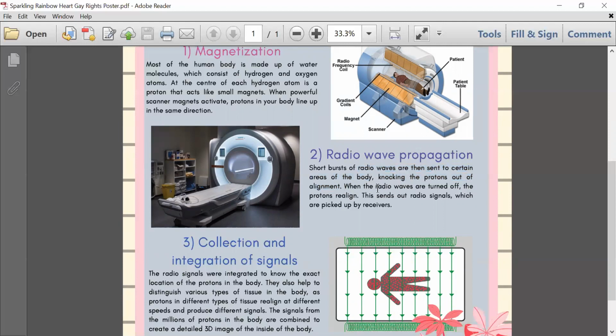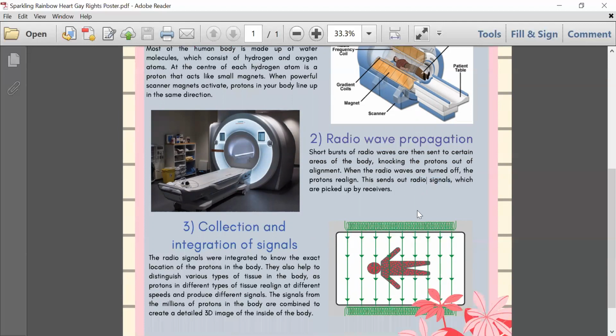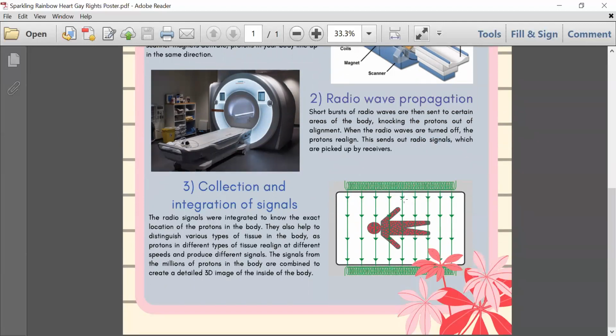And when the radio waves are turned off, there is no continuous supply of energy, so the kinetic energy is re-emitted in the form of radio signals. The electromagnetic wave contains energy. Therefore, those radio waves re-emitted from different parts of our bodies are then collected and integrated.